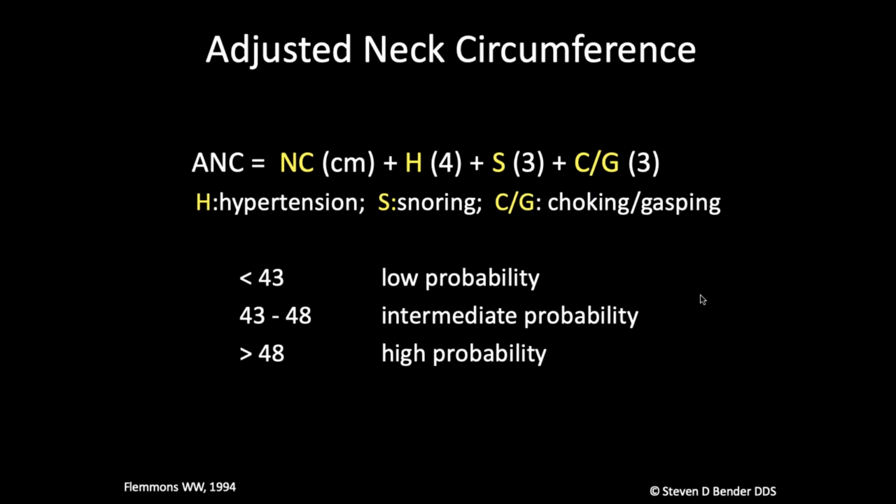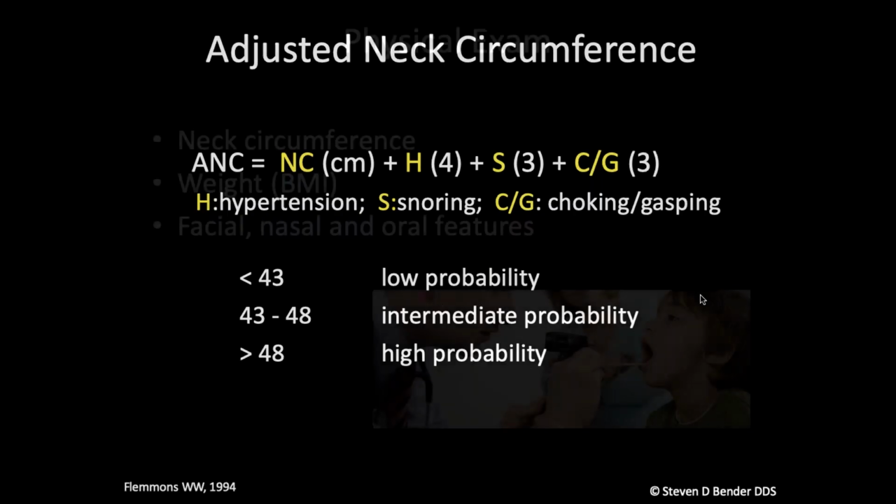If the patient has hypertension, you add 4 to that score. If they snore, you add 3. If they choke and gasp, you add 3 more. And so a score of less than 43 would indicate a low probability, and above 48 would indicate a high probability of sleep disordered breathing, or in this case, obstructive sleep apnea.